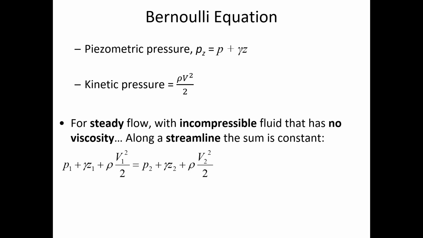So here is the representation of Bernoulli's equation where we've divided each term by gamma. And so here, each of the terms has units of pascals, or newtons per meter squared.